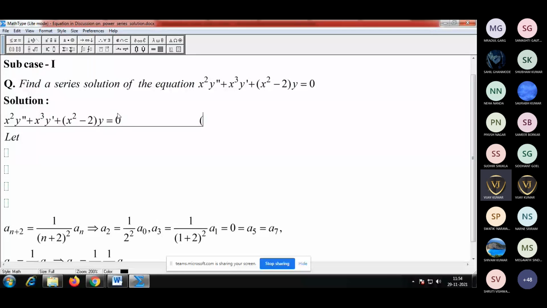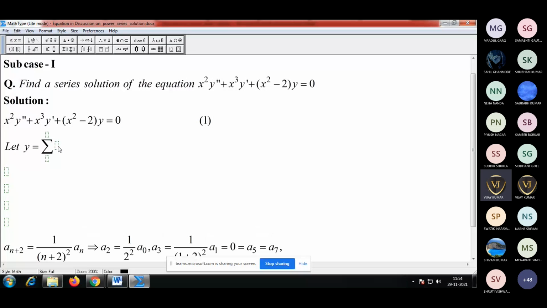For equation 1, let y equal to summation a n x to the power n plus r, where n varies from 0 to infinity. So this is the solution.